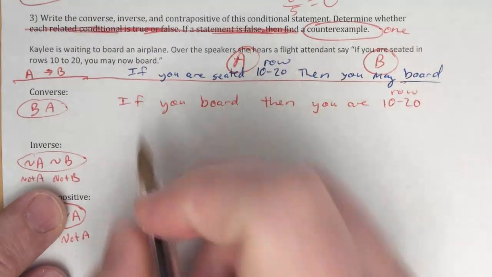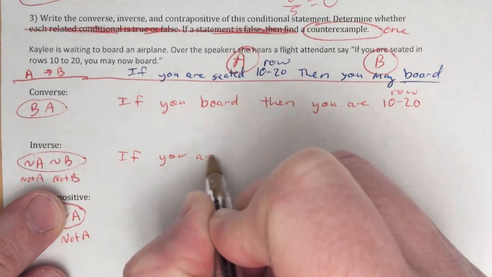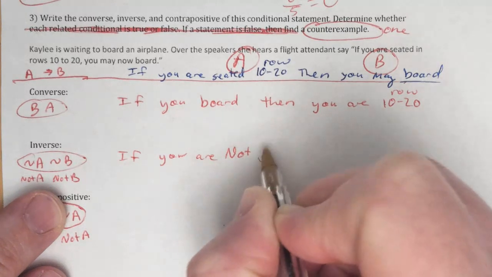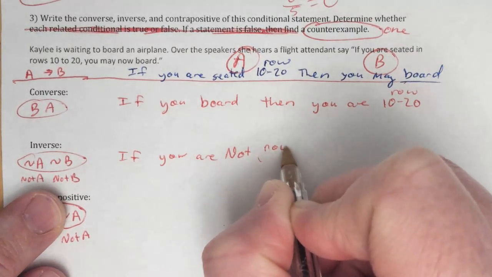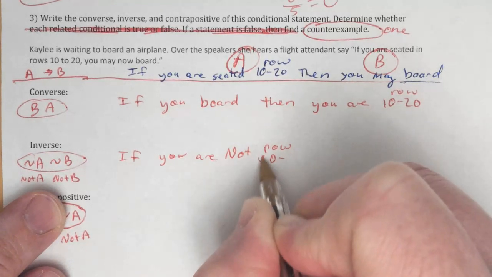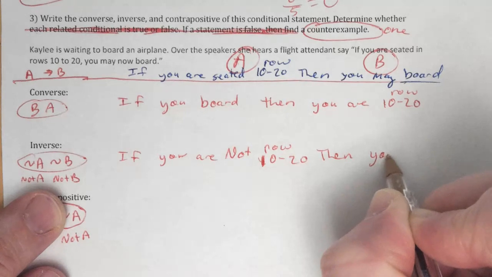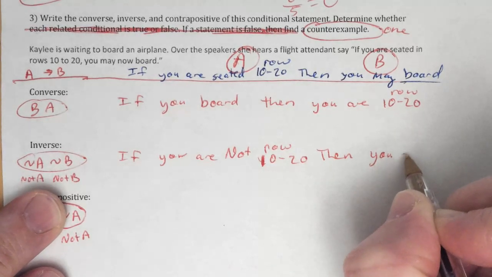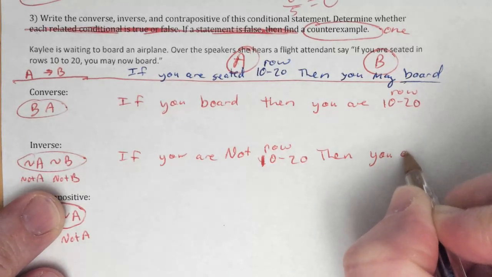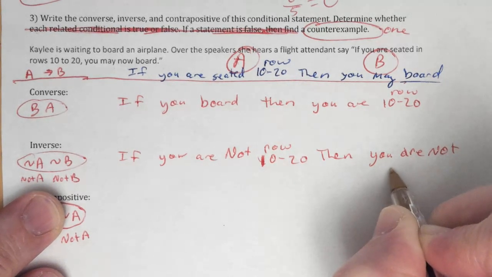So if not A. So if you are not in row 10 through 20, then you are not boarding.